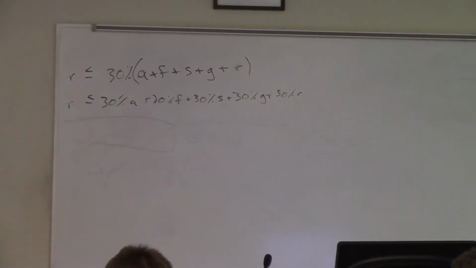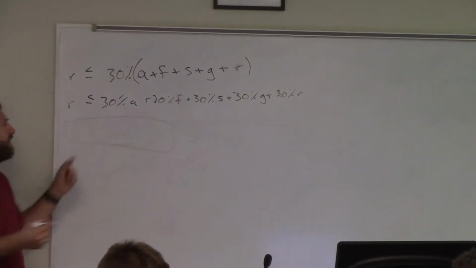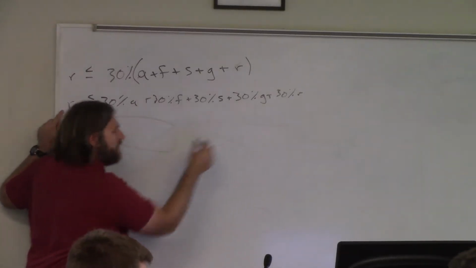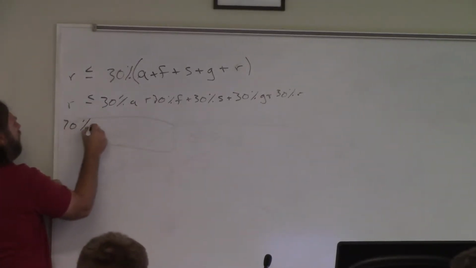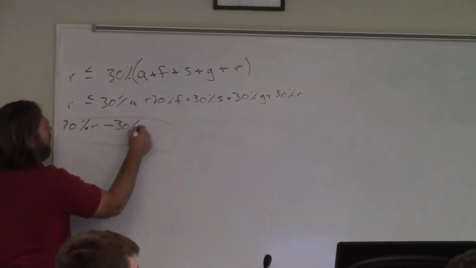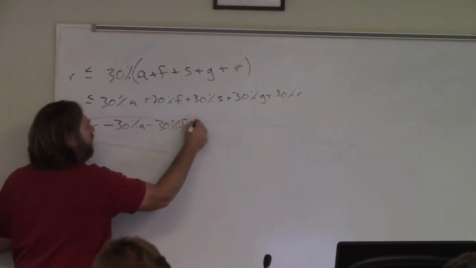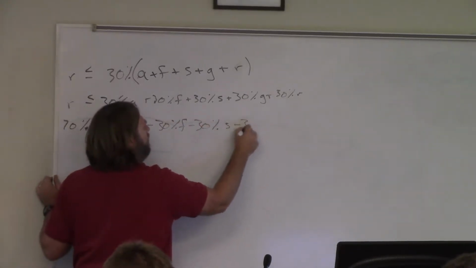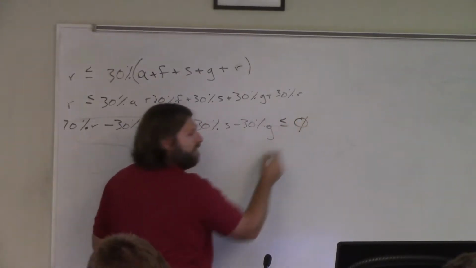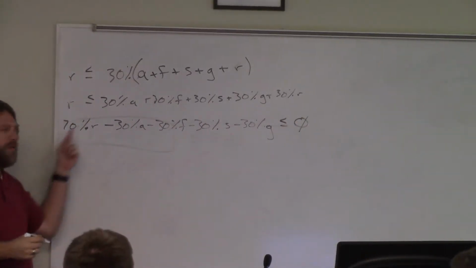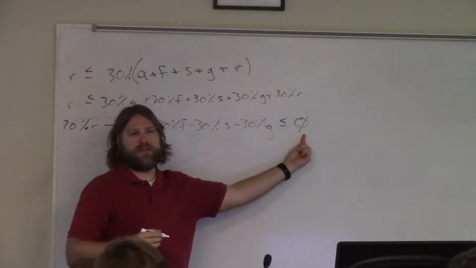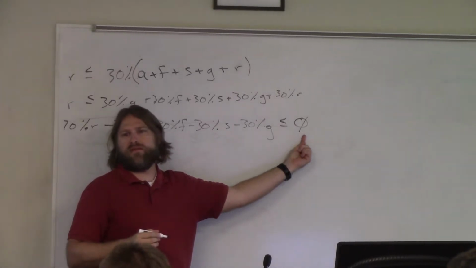Okay. So now what we want to do is subtract all of these. And so 100% of R minus 30% of R gets us 70% of R, minus 30% of A, minus 30% of F, minus 30% of S, minus 30% of G is going to be less than or equal to 0. And now we've got an equation with our variables on the left-hand side and a right-hand side constraint with a simple constant on it.